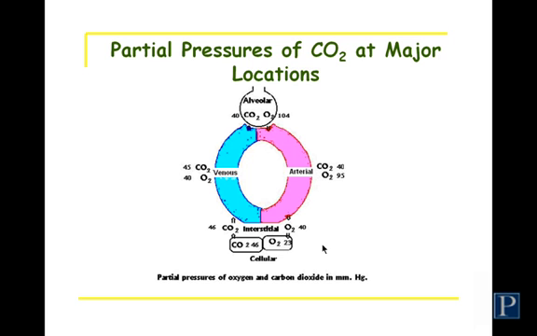Now, carbon dioxide diffusion is always going to be opposite that of oxygen. The only exception is that CO2 diffuses much faster because carbon dioxide is much more soluble, and because it's much more soluble, it requires a lower pressure difference. So you're going to notice the difference in the partial pressures of carbon dioxide in the different parts of the circulation is not very dramatic.